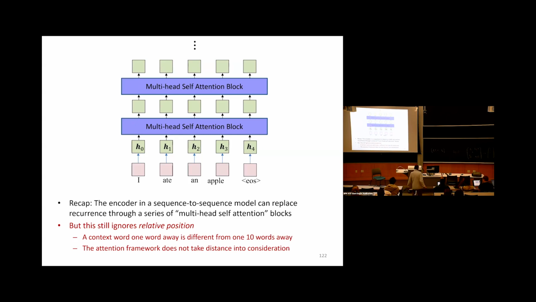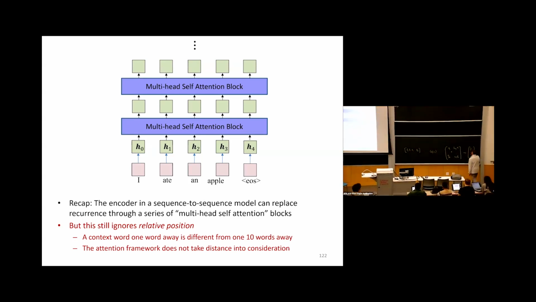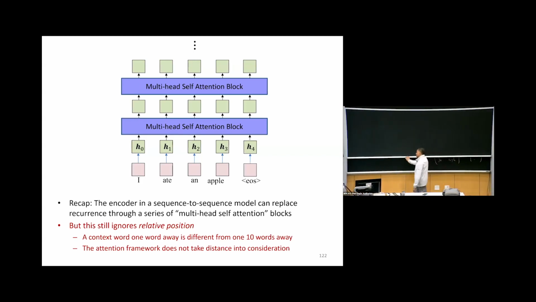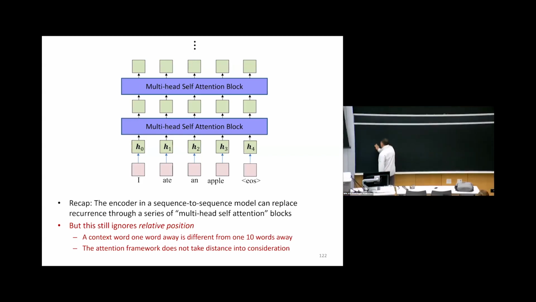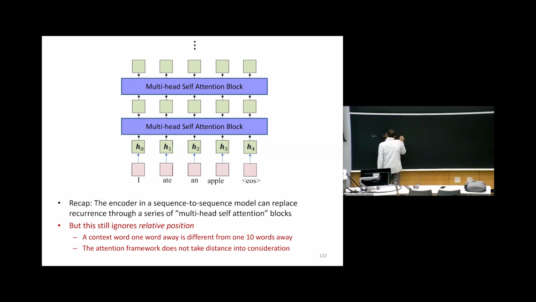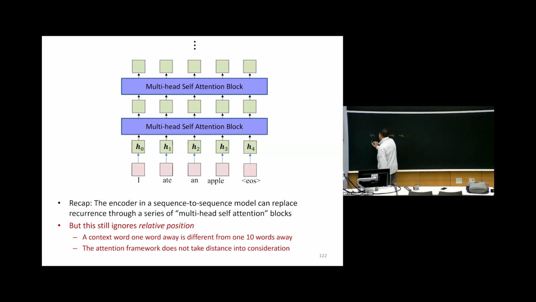So earlier, I had word 1, word 2, word 3, word 4, and so on. I could just add 1, 2, 3, 4, add the indices over here as an extra term.